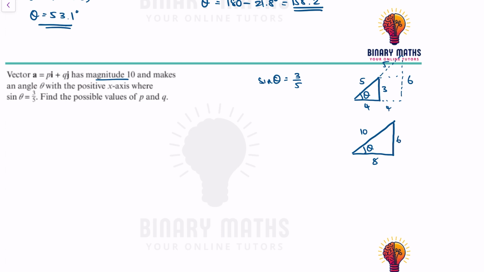So one of our values must be P is equal to 8 and Q is equal to 6, because it's moving 8 horizontally and 6 vertically.